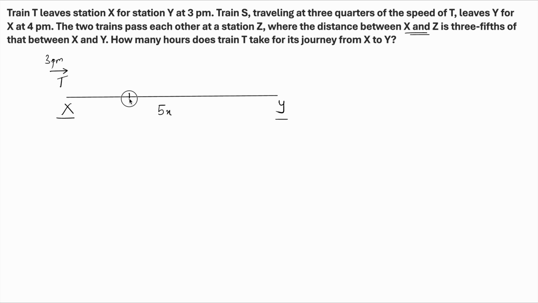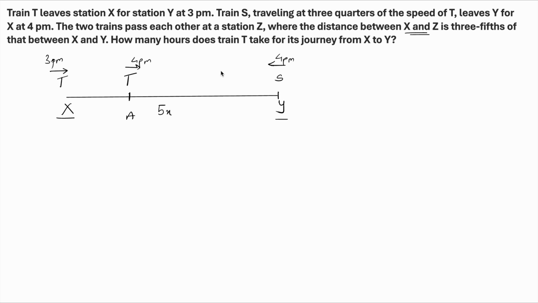Let us suppose that train T has reached this point, and I'm calling it A. Train T is right now here at this point, and that is 4 p.m. At 4 p.m., train S is starting from the point Y, and it is moving towards X.